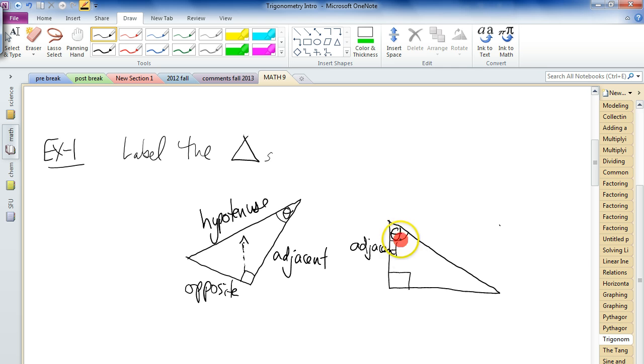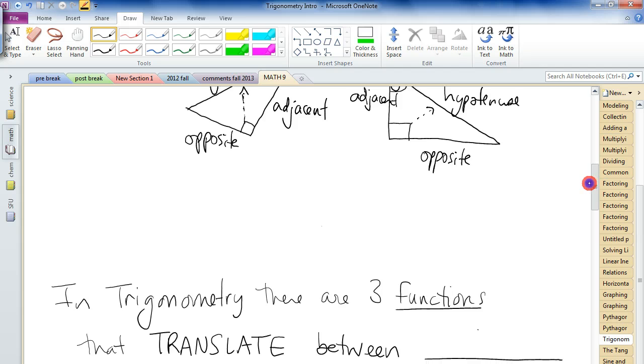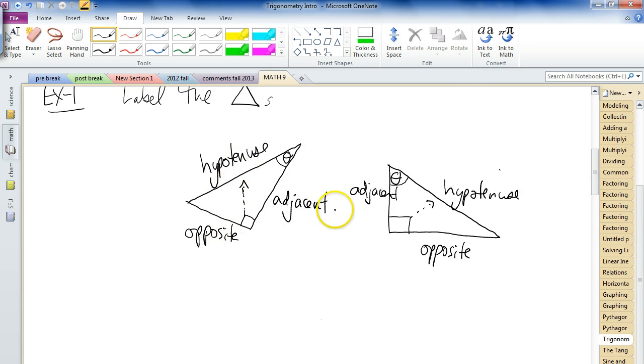This side is right directly opposite from that angle, so this is what we call your opposite side. And the boxy thing points to the hypotenuse side. So there we were able to label adjacent, hypotenuse, and opposite on these right angled triangles. Okay. Now, what was the point of that?